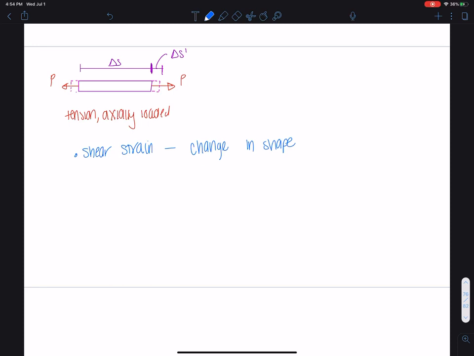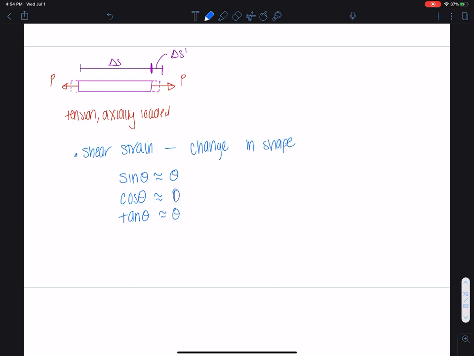So we're going to assume that these deformations are infinitesimal, and that allows us to use assumptions like instead of saying sine theta, we just approximate that and say that it's theta. Instead of using cosine theta, we'll approximate that to 1. And instead of using tangent theta, we'll approximate that also to theta.